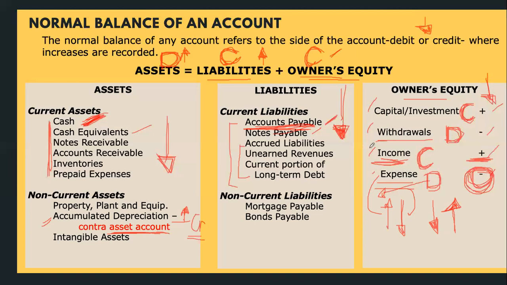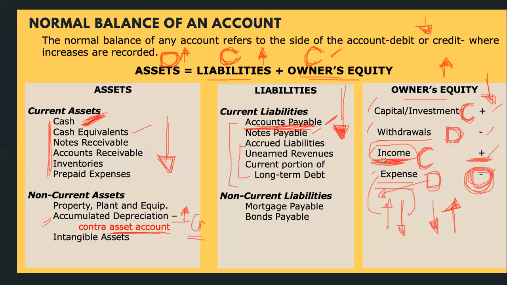So, the question is, total income balance. If I credit an income, what is the effect on my total income balance? So, of course, the effect is, it will increase. Why? Because the normal balance of income is credit. So, every time you credit an income account, it will increase the total balance of your income.